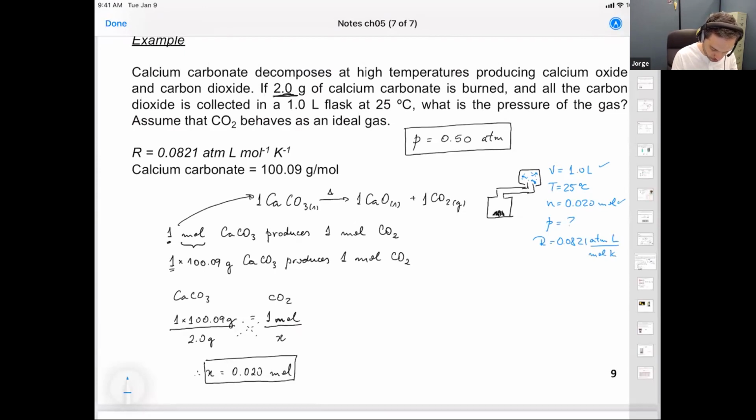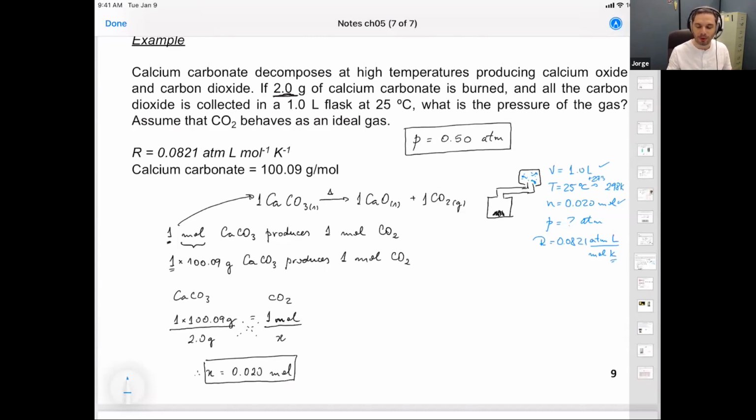The pressure will come in atmospheres. And attention here, the temperature always in Kelvin. Conversion from degrees Celsius to Kelvin, add 273. Therefore, we are going to have 298 Kelvin.